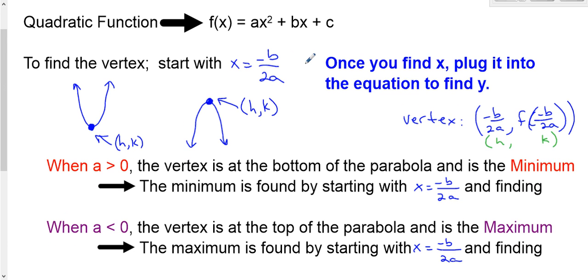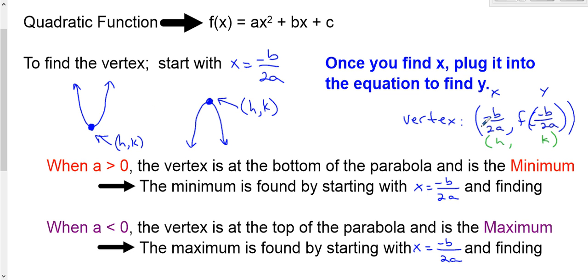Once you have x, you plug that into the equation to find your y. So your vertex is the negative b over 2a for your x value, and then the function evaluated at negative b over 2a is your y value.